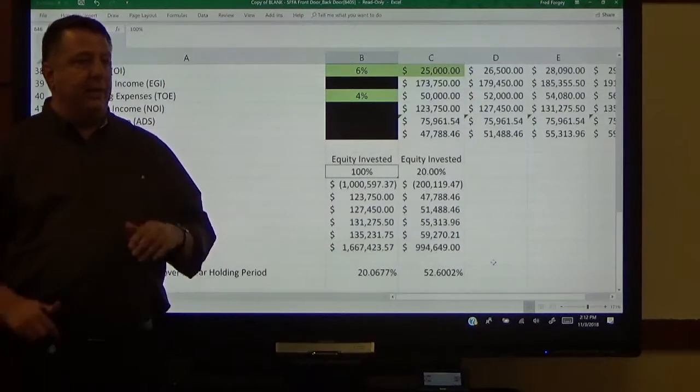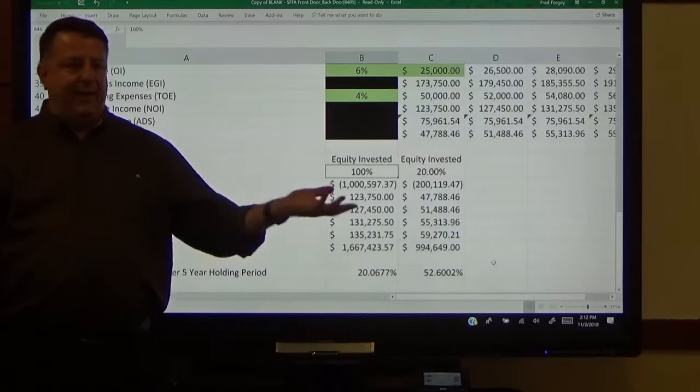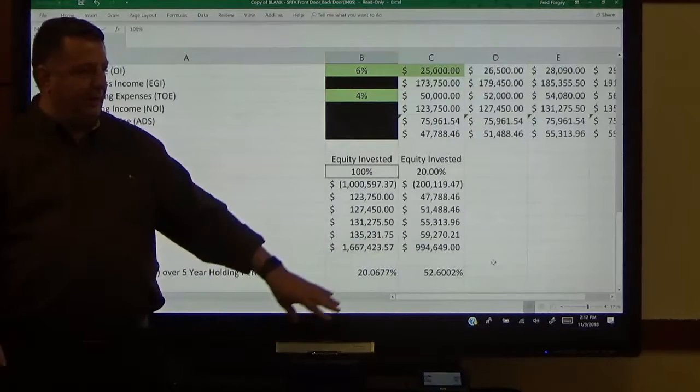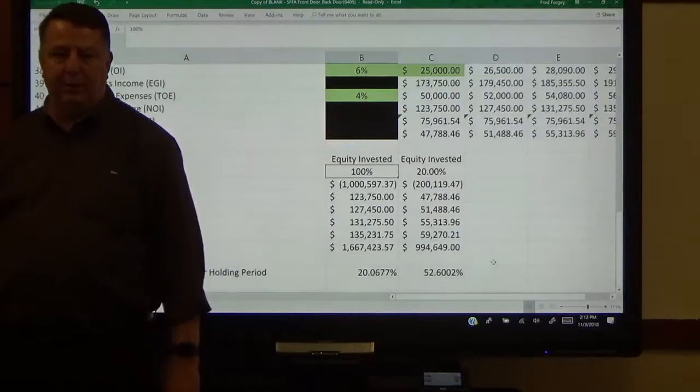And the reason is because you're leveraged. You're using that debt, which is at a relatively low cost relative to the return that you're actually generating with the project itself.